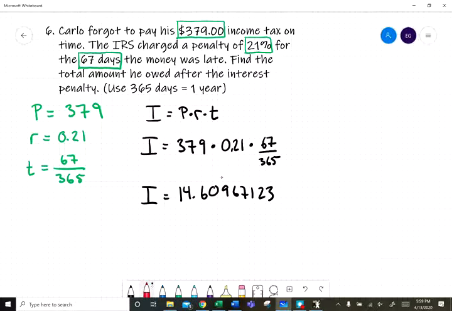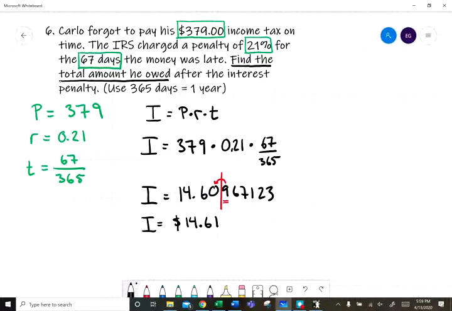Rounding to the nearest penny, the third decimal place, the first one that we're not keeping, is a 9, which means we round up so that that 0 rounds up to a 1. Okay, so our interest is $14.61.